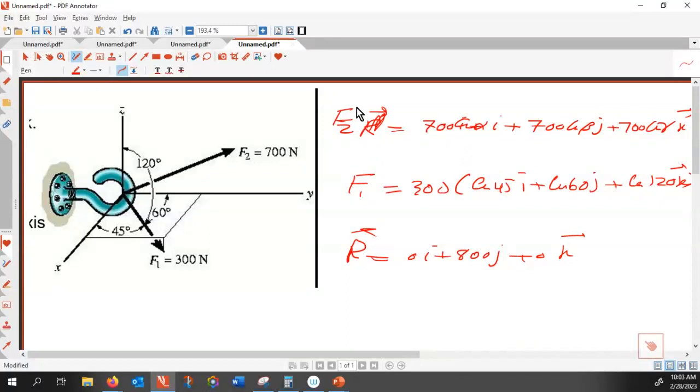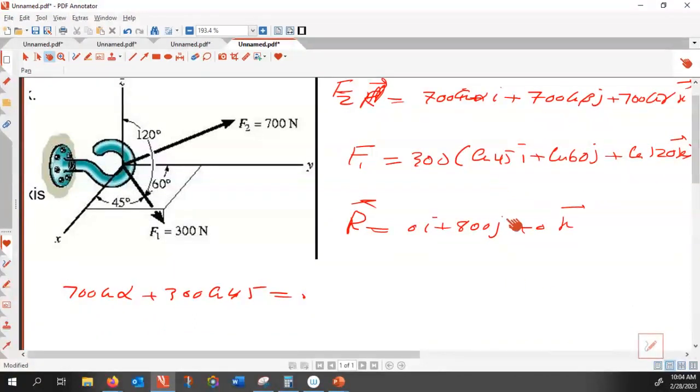And now all I have to do is add the x component, which is 700 cos alpha plus 300 cos 45, and I should equal that to 0 because this one is 0. Now the y component of the resultant is 700 cos beta plus the j component of this one, 300 cos 60, and that should be equal to 800.